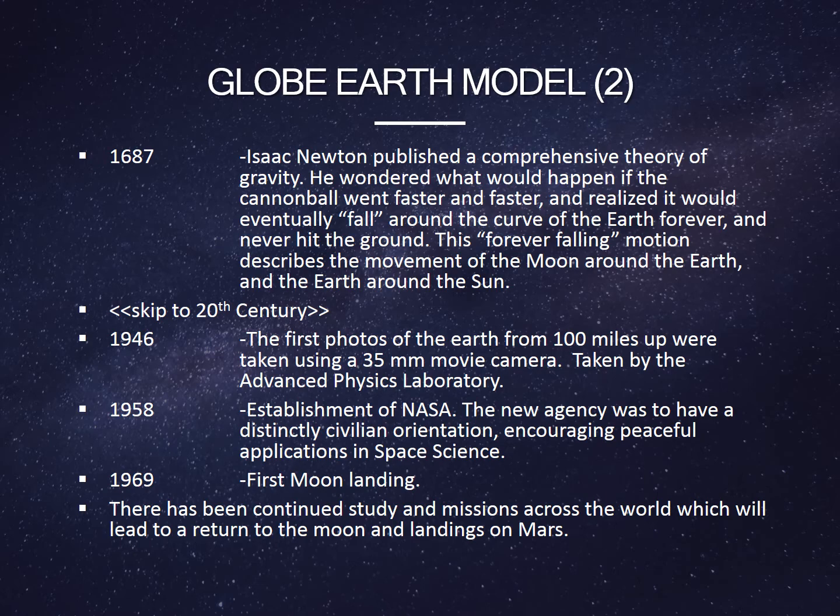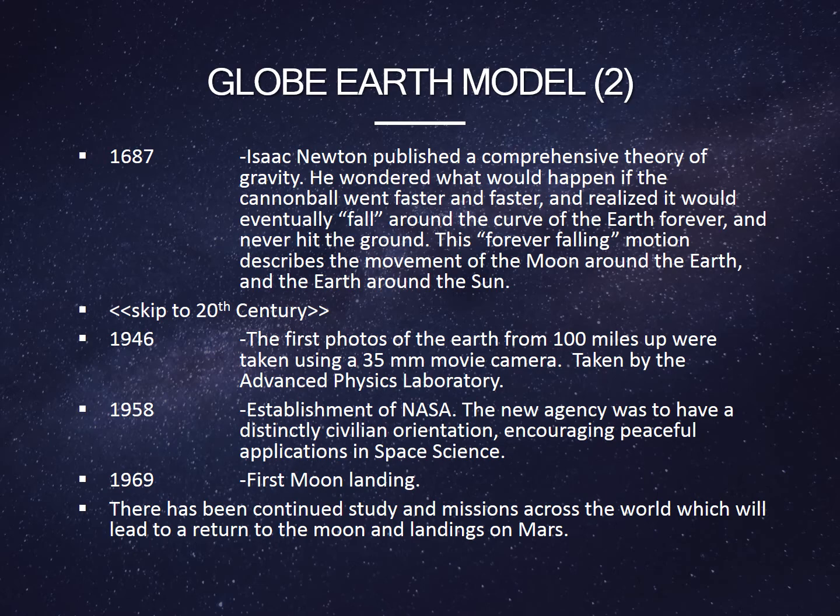Okay, let's skip to the 20th century. In 1946, the first photos of Earth from 100 miles up were taken using a 35mm movie camera, and it was taken by the Advanced Physics Laboratory. 1958 was the establishment of NASA. Notice that that's 12 years after the first photos of Earth from space.